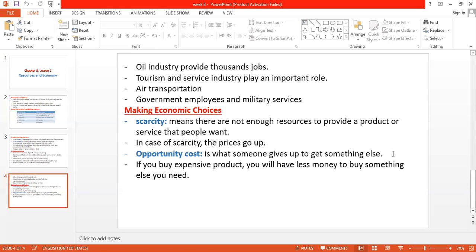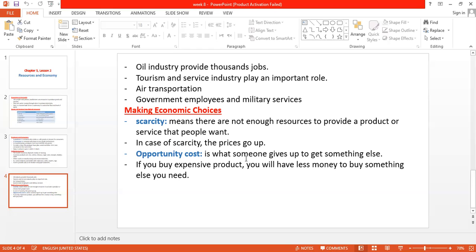Because the mask is very important for your health, you decide to buy the mask, right? What about the pencil you need? Because you left the pencil, the pencil is the thing you didn't buy, this pencil is called opportunity cost.